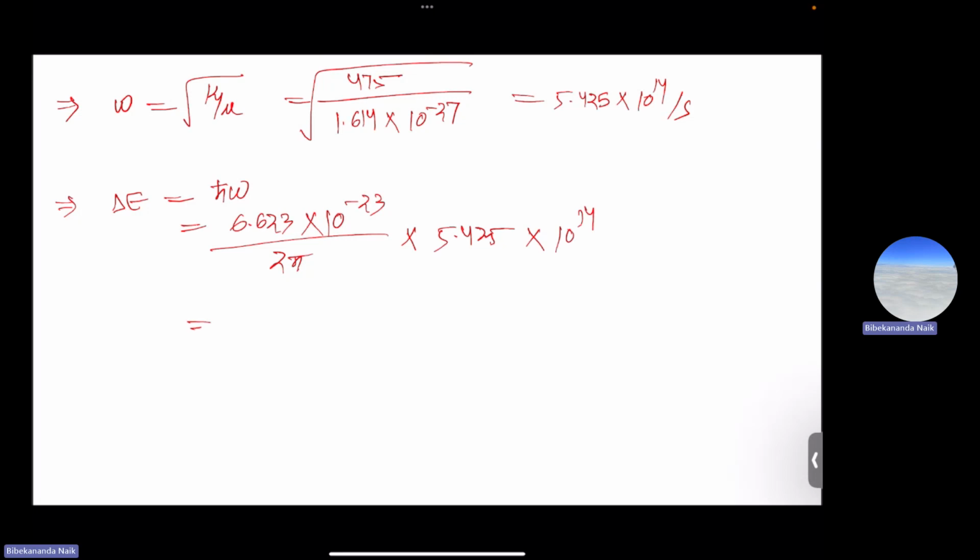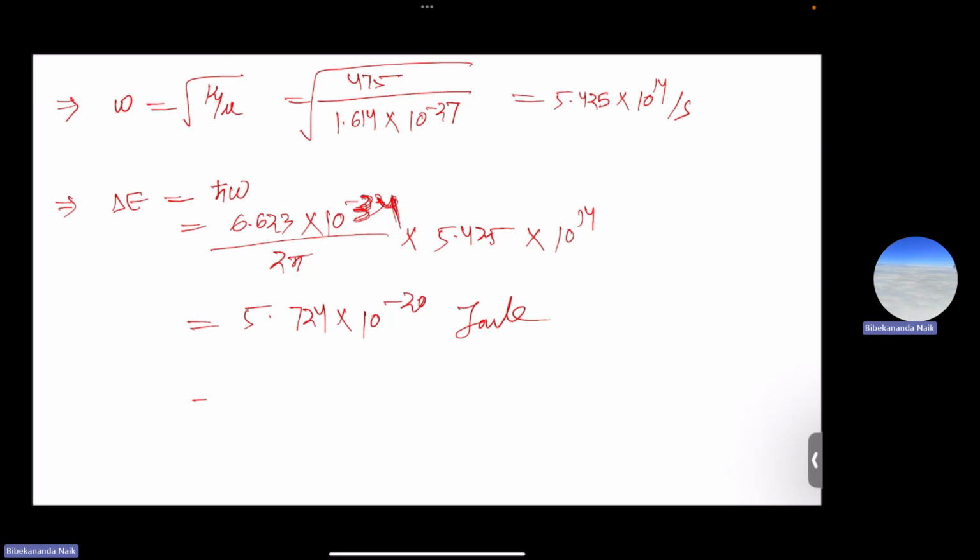If you calculate, it will come out to be 5.724 into 10 to the power minus 20 joule. Here 6.623 into 10 to the power minus 34 is Planck's constant.